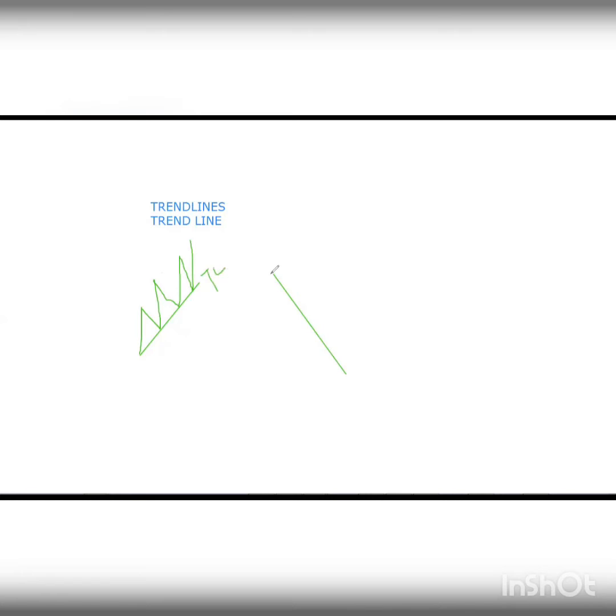This is the trend, and it is the slope to the upside. And if we have the market coming to the downside, we have something like this. Now this line here is called the trend line, and it is the line to the downside. So basically, this is just what a trend line is.